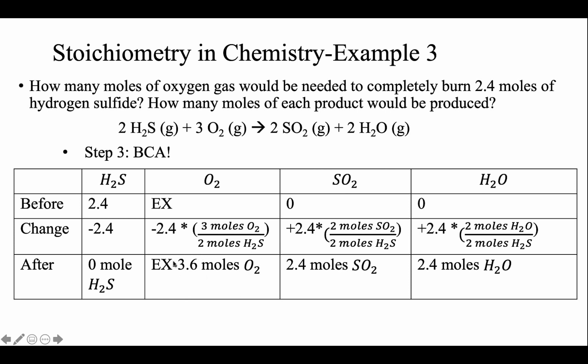So we just need to figure out the change here, which is 3.6 moles of oxygen needed to completely burn off 2.4 moles of hydrogen sulfide. And as for our products here, there will be both 2.4 moles of SO2 and water being produced, given by the table.